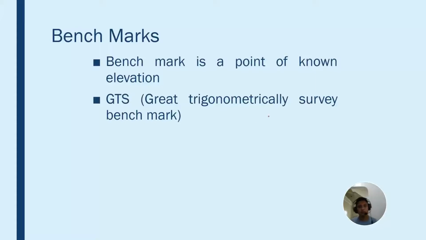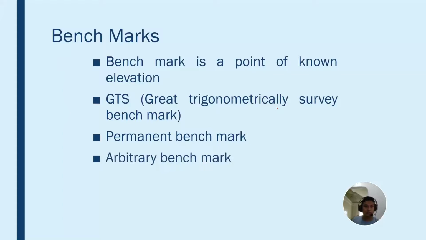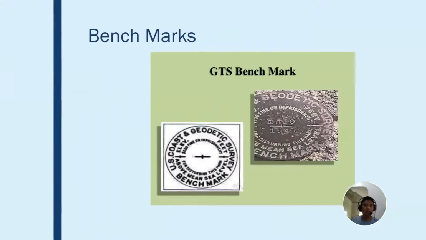Benchmarks. Let's talk about benchmarks. It is a point of known elevation, and it is usually used by geodetic engineers in conducting surveys. So here are the types of benchmarks. We have the permanent benchmarks, arbitrary benchmarks, GTS, and temporary benchmarks. So what are these?